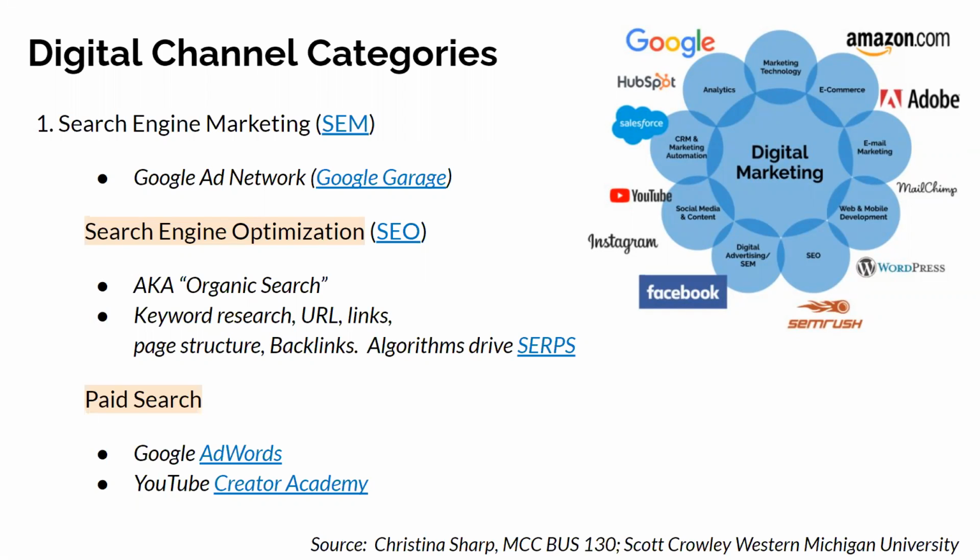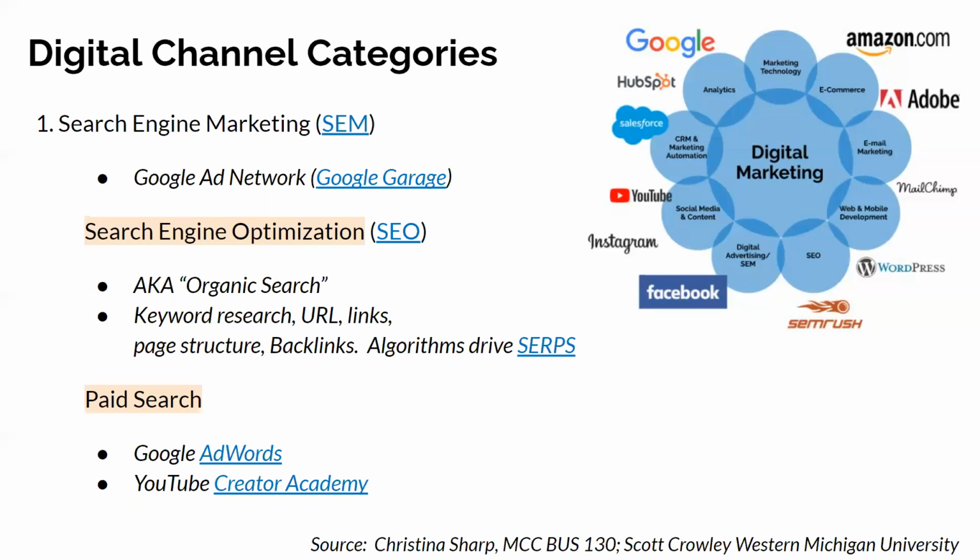And what companies have found is that being on different social media platforms also helps their search engine optimization. So for example, if you have a Facebook business page and you're doing maybe Facebook Live events on your Facebook page, when somebody searches in your business category, because of that heavy activity on your social media sites, it's going to help you score higher on a search for your business.